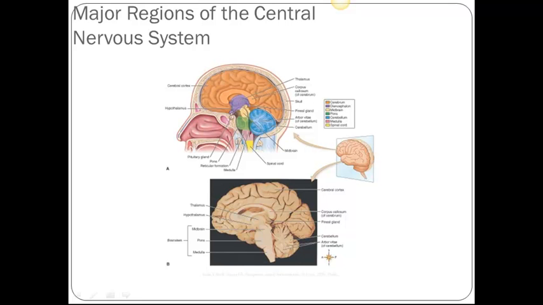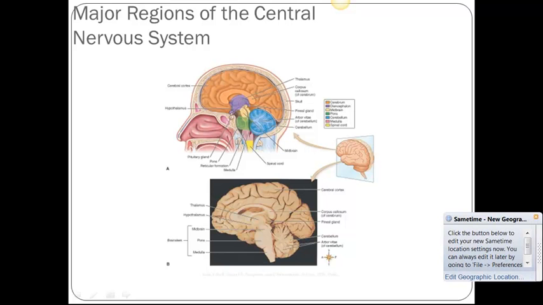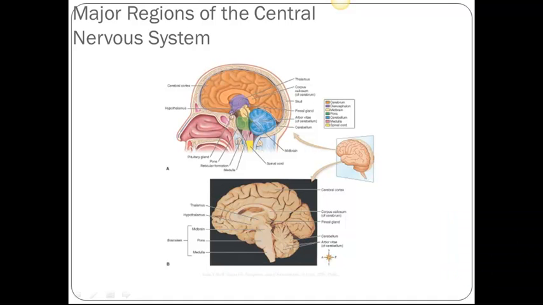Within the brain, we have the spinal cord down here in the yellow, and then we have the brainstem components directly above it, which consist of the medulla, the pons, and the midbrain. From there, directly above that, we have the hypothalamus, and the thalamus is directly above that.